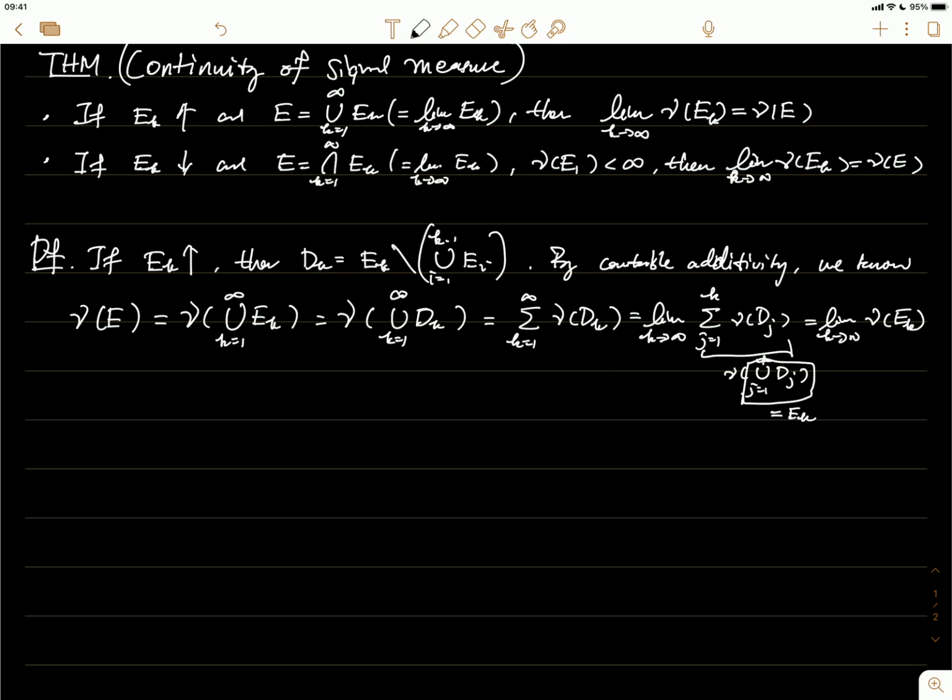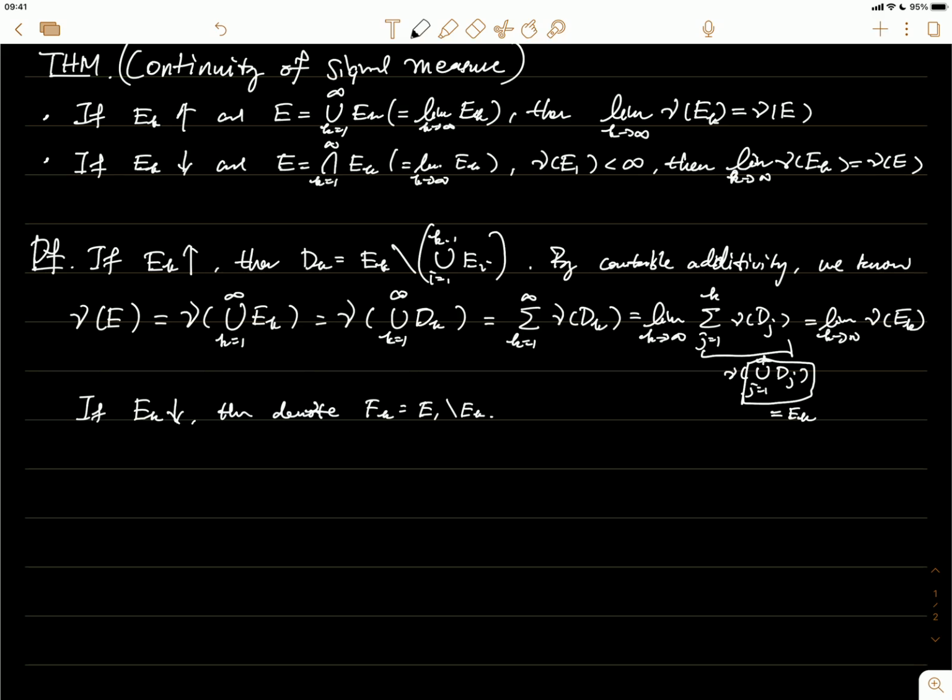And similarly, if this ek is decreasing, then we can just define or denote the fk to be E1 minus ek, and then we can apply this first result to the fk, which is increasing now.